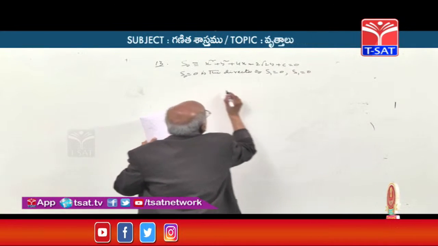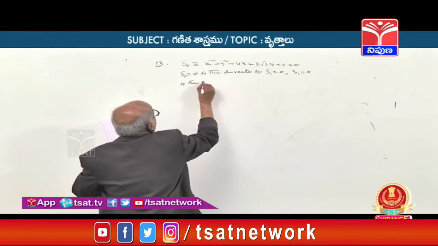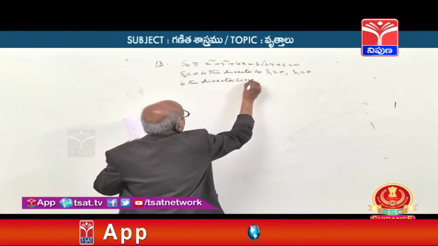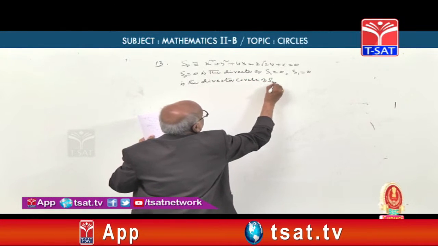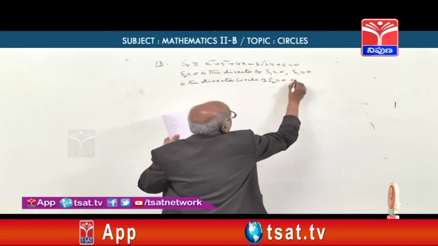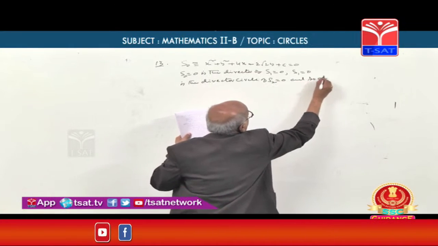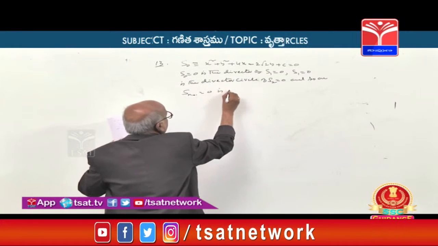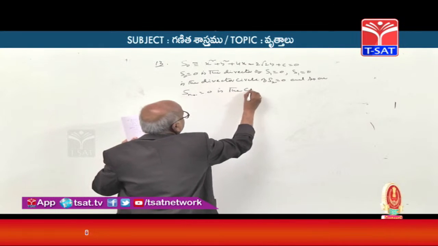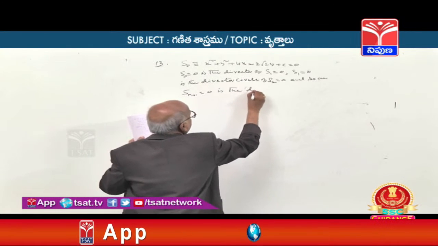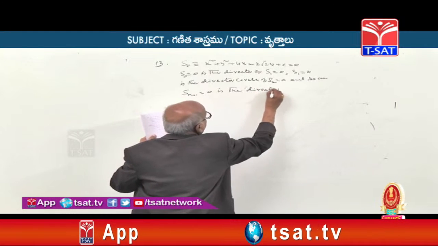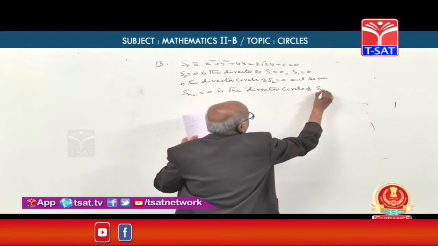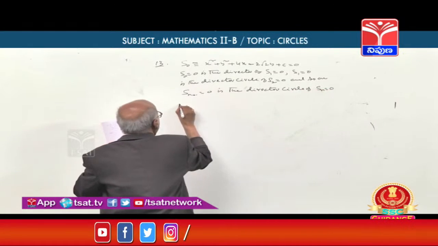Problem 13. S naught is equal to x square plus y square plus 4x minus 2 root 2 y plus c is equal to 0. S1 equal to 0 is the director circle of S naught, S2 equal to 0 is the director circle of S1 equal to 0, and so on. Sn plus 1 equal to 0 is the director circle of Sn equal to 0.